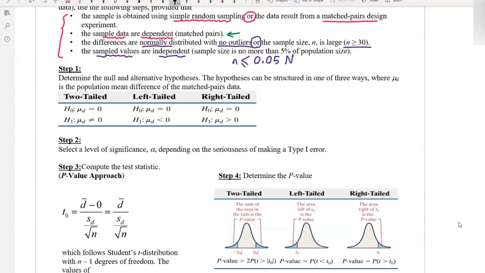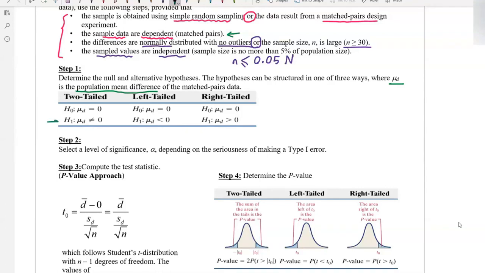So this is mean of difference. Okay, we have that one here. Mu D is the population mean difference, and that is for matched pairs data. So for null, for all these three, we have this mean equal to 0.